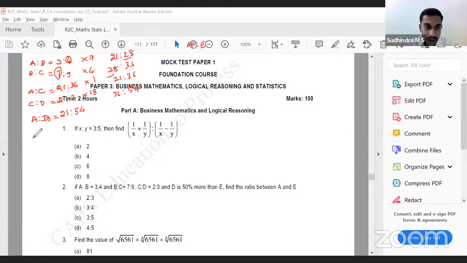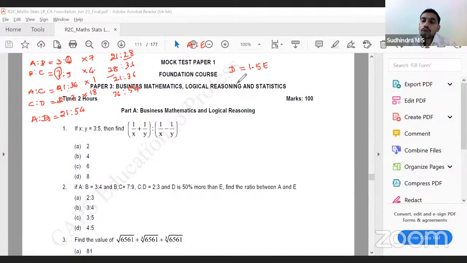We have got that. Now, they have given us the relationship between D and E. They have told D is 50% more than E. So, if D is 50% more than E, can I say D is equal to 1.5 E? Yes, sir. Correct.